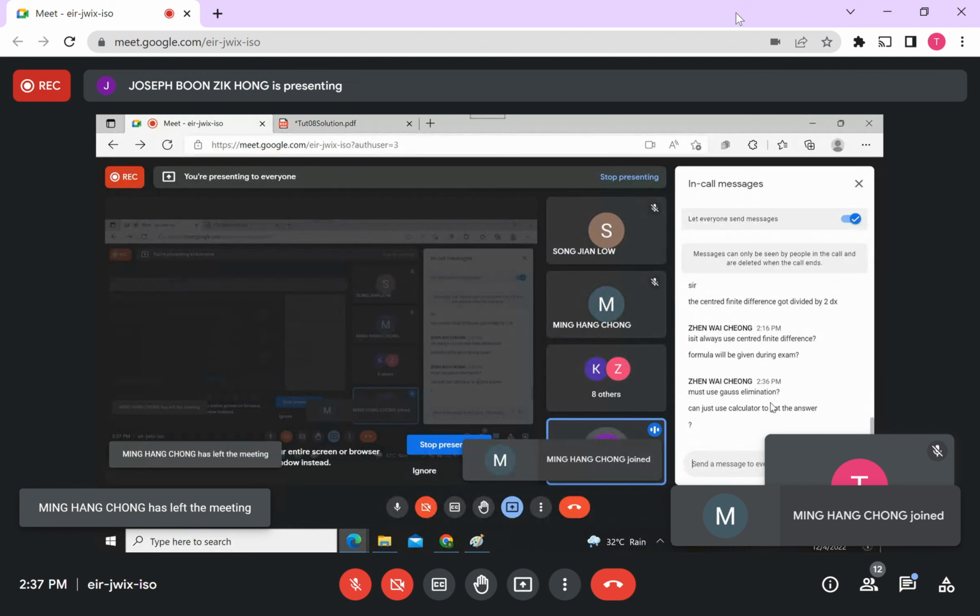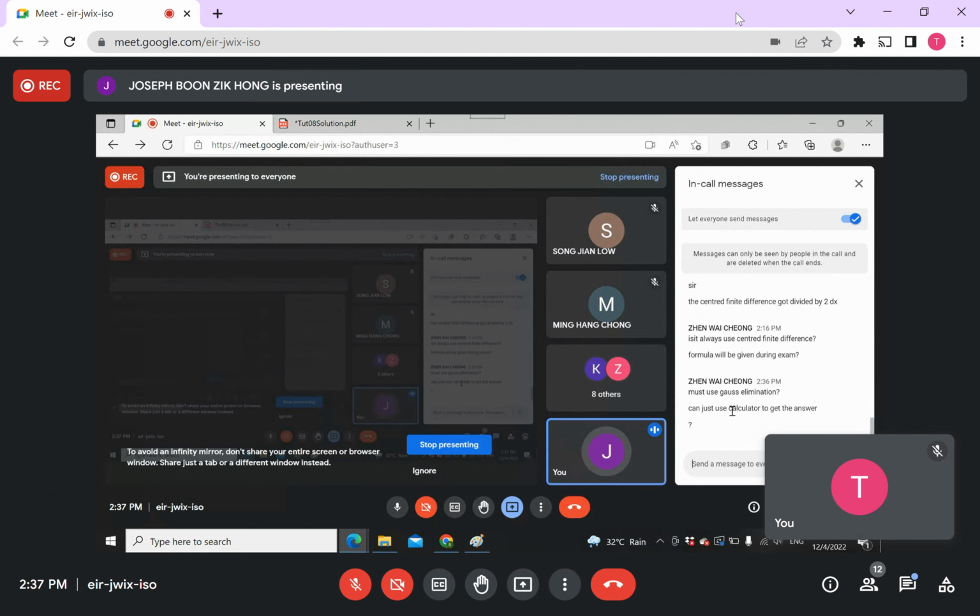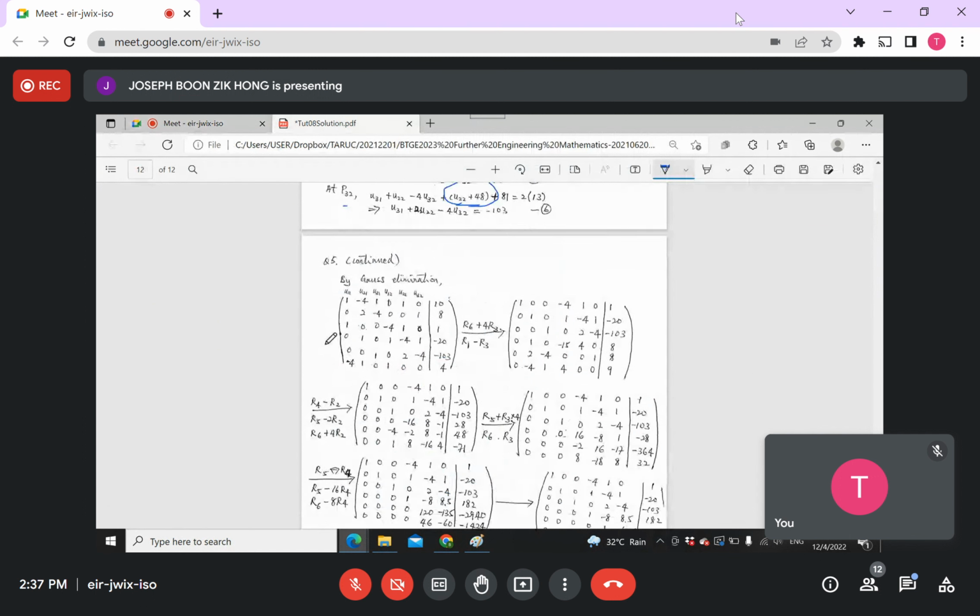Not necessarily must use Gauss elimination. If it is a 3 by 3 matrix, I don't mind, can use calculator. But if it is something like this, this is a 6 by 6. 6 by 6, I don't think your calculator can do. Even you use the newest one, the latest one, only you can do until the 4 by 4. Of course in exam I don't give you until the 6 by 6 lah.